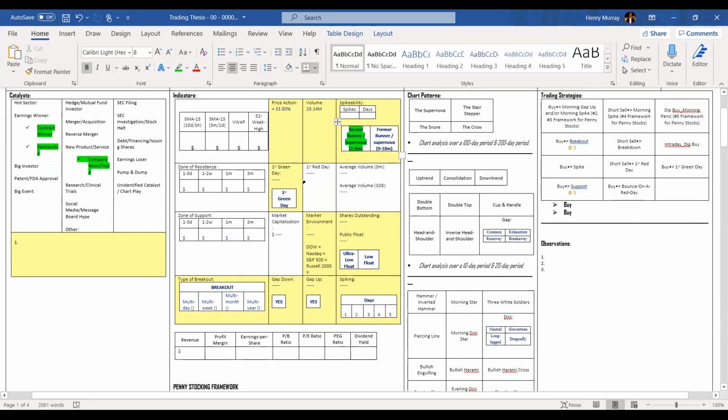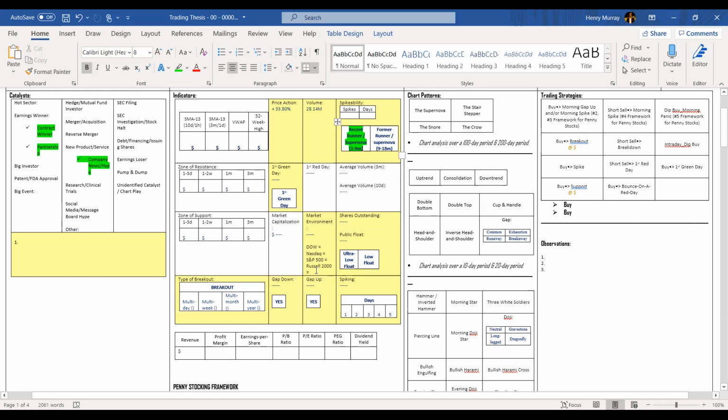All right, so it's not a first green day, and I'm not looking at first red day, so I'll skip that. Here you'll put in the average trading volume over 3 months if you like. Also the average trading volume over 10 days if you like. All the highlighted yellow areas, those are the areas I'm placing emphasis on.